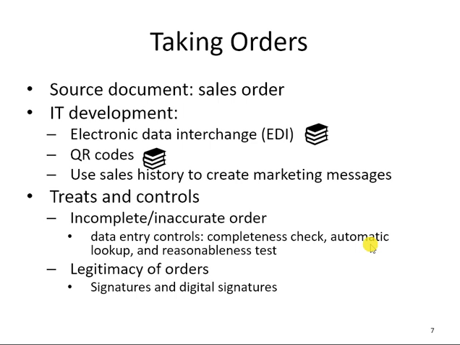And the second threat is legitimacy of orders, or invalid orders. A sales order must be authorized by the customer, and sometimes it's not from the customer, but from somebody else who is using the customer's information.